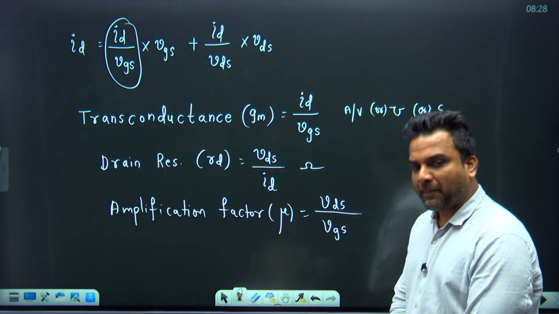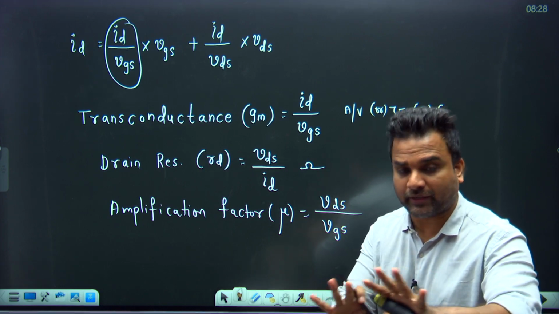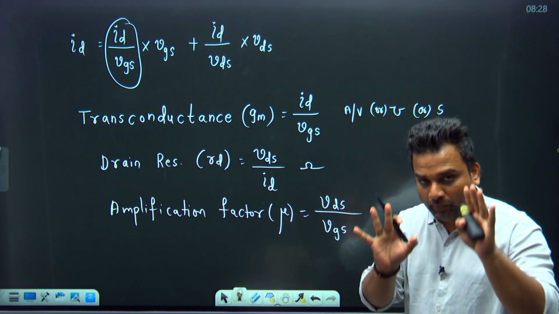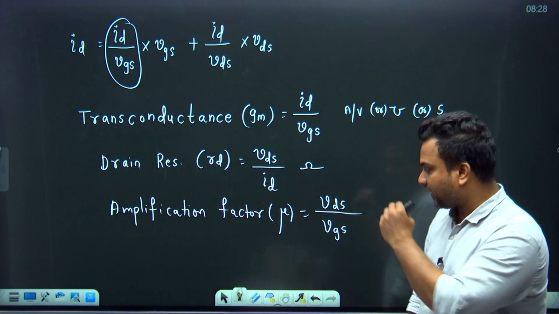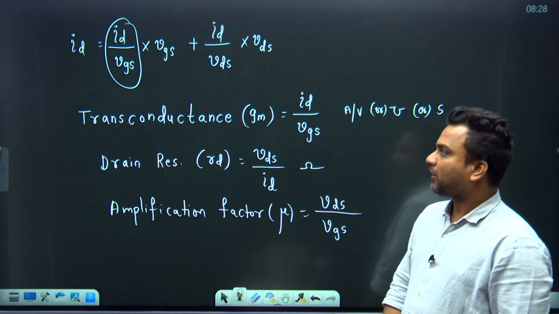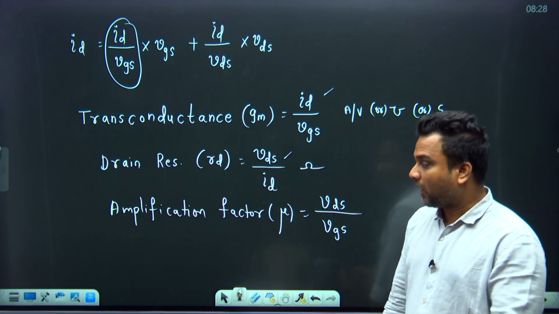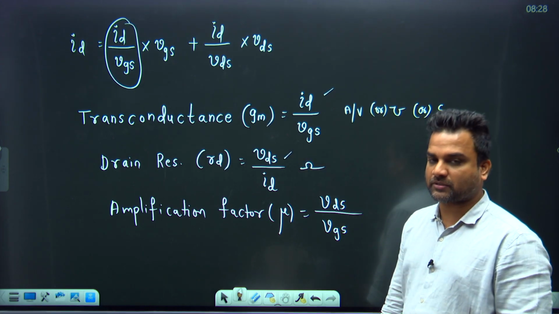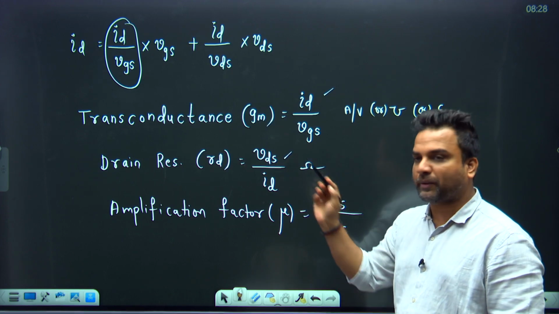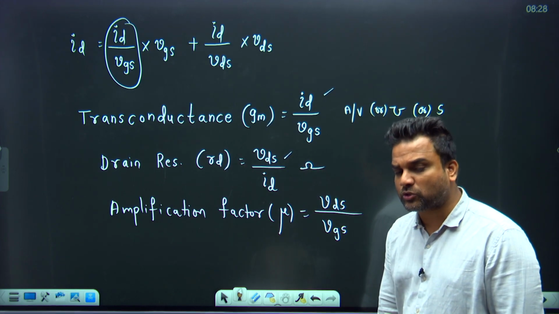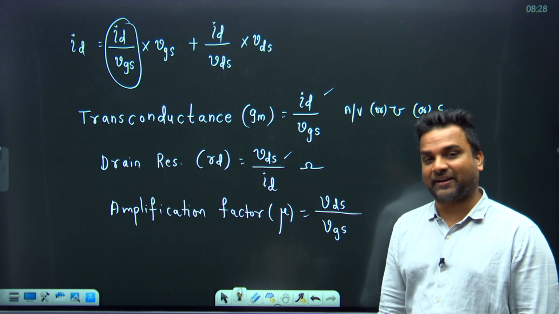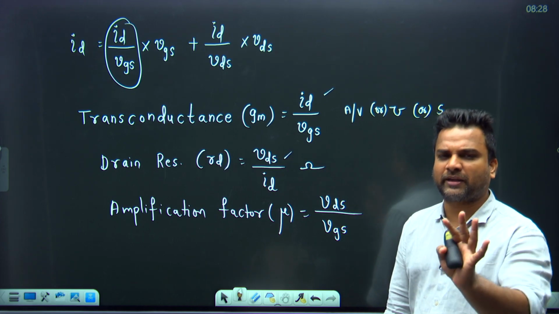The amplification factor is not mobility, remember. Amplification factor mu is VDS by VGS. You take these two parameters and tell me how you get VDS by VGS. Do we need to multiply, divide, subtract or add these two parameters? It is simply multiplication.